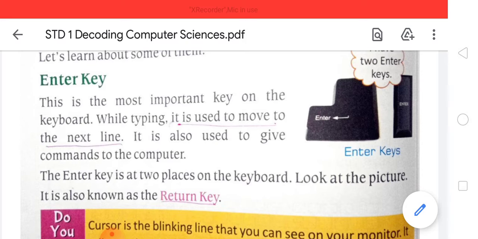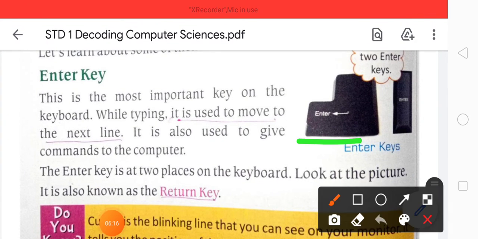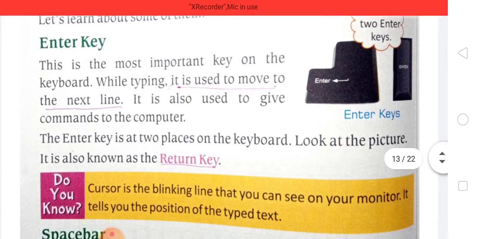So this command helps us to move to the next line. The enter key is at two places on the keyboard. You may see here this one is an enter key and this one is also an enter key. Okay, so this one is the first and this one is the second enter key, so you may use either of them.